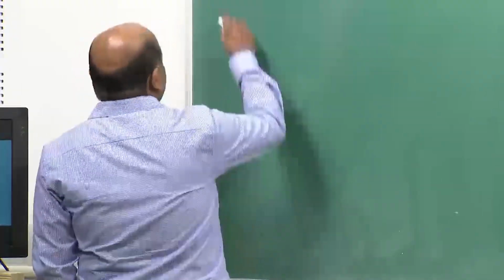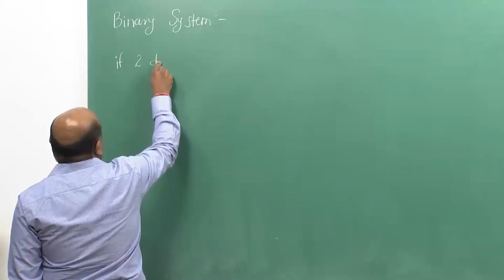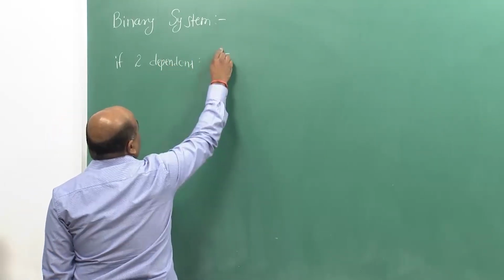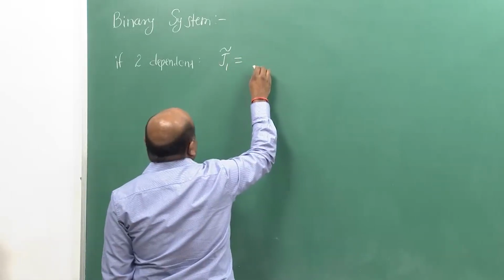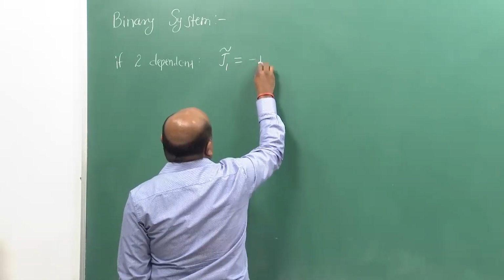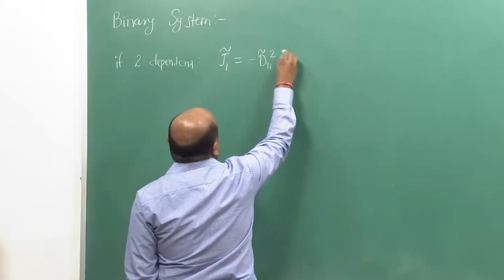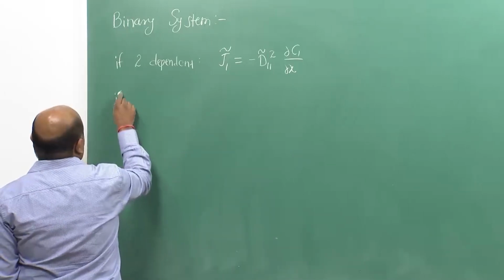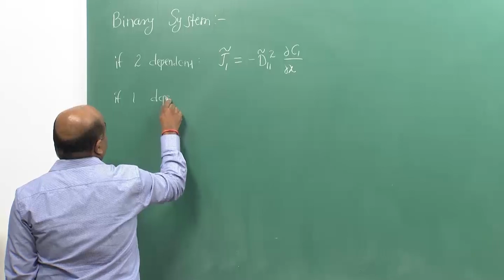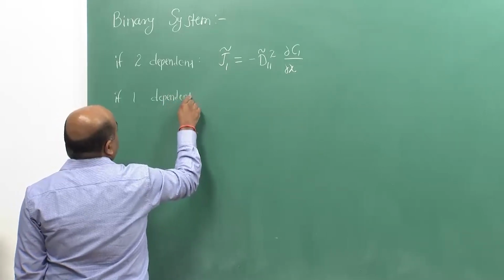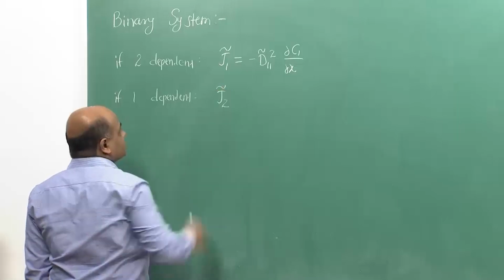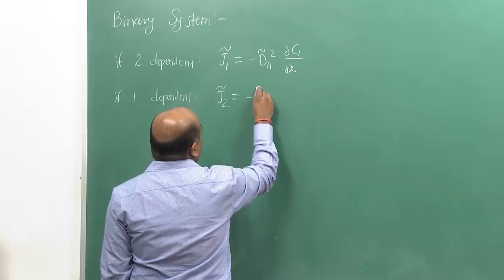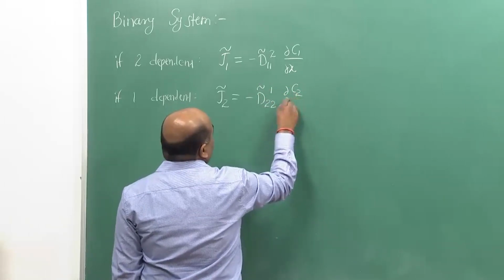If we treat 2 as dependent, then we can write J1 tilde equal to minus D11 tilde 2 dou C1 by dou x, and if we treat 1 as dependent, then flux 2 is independent, and we can write J2 tilde is equal to minus D22 tilde 1 dou C2 by dou x.